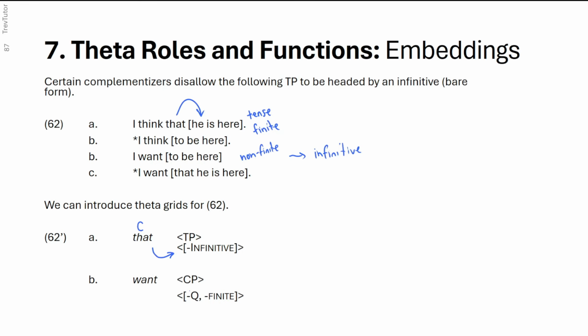So I write minus infinitive there. In the case of want, well, I want to be here. I want that he is here. Well, this is infinitive, so it's going to select a CP that is not a question and it is not finite. In other words, it is tenseless in this case. We could just write plus infinitive in this spot. It's really your choice on how you want to write or denote that.